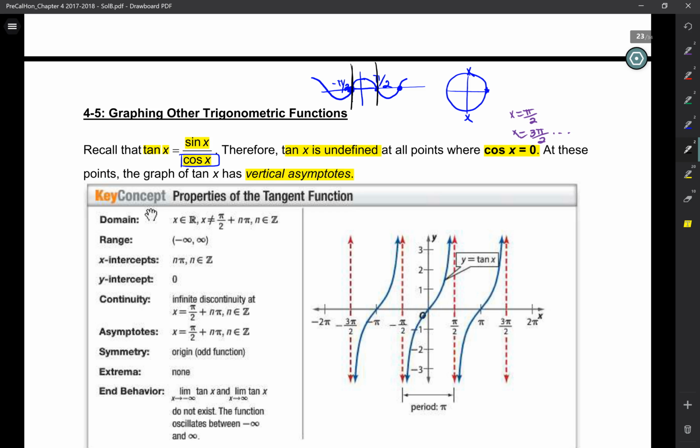Now when we talk about tangent, tangent is going to be undefined at negative pi over 2 and pi over 2, and you're going to have a graph in between. So what is the length of that between negative pi over 2 to pi over 2? How many pi? It's 1 pi.